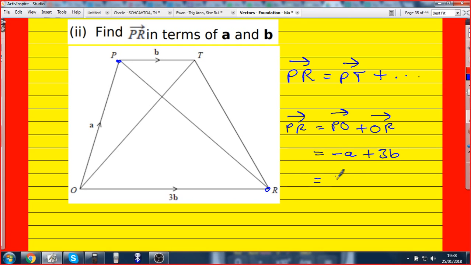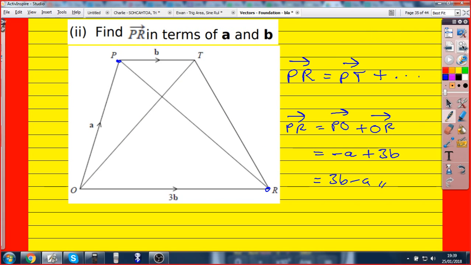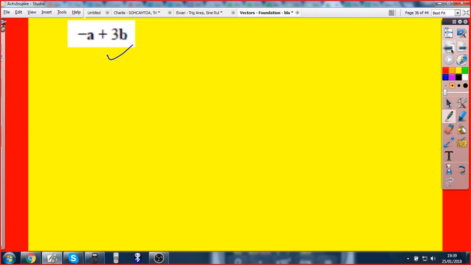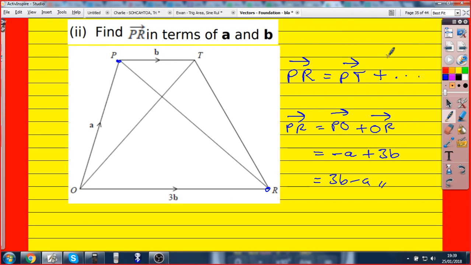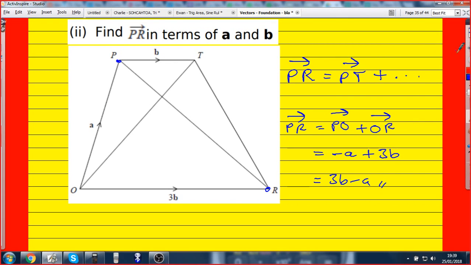So then 3B minus A. That's it. Okay, so that one had a false start with a dead end, because once you're at T, you can't go. We don't know that one, and we don't know that one. 3B minus A, or minus A plus 3B. Any questions there? No. Okay.